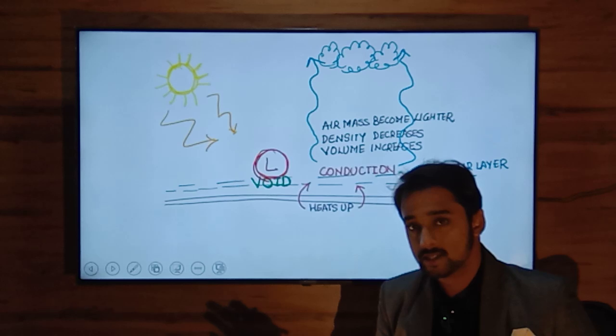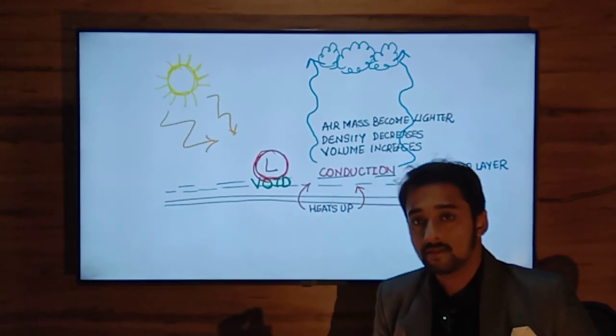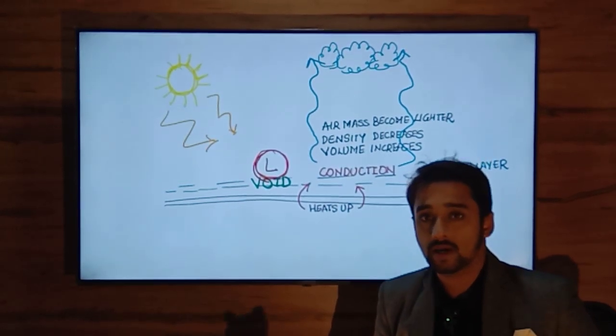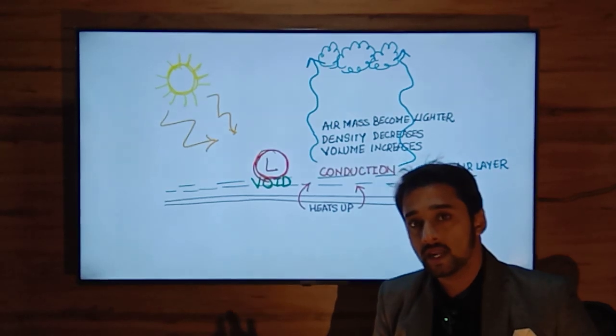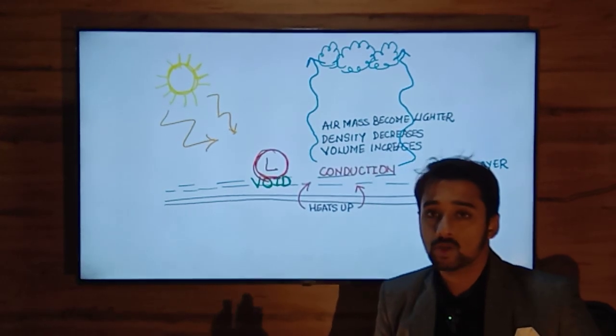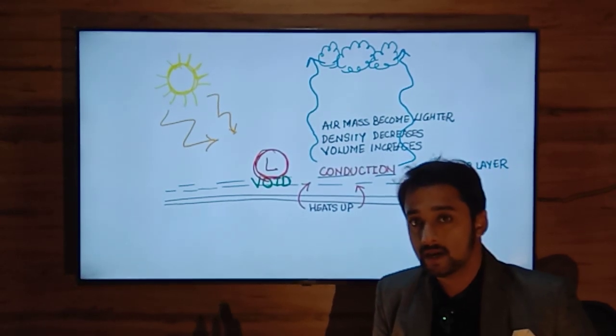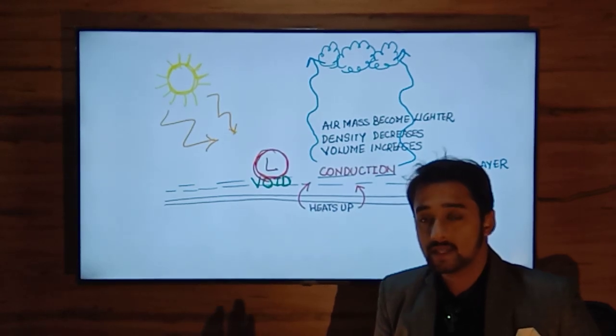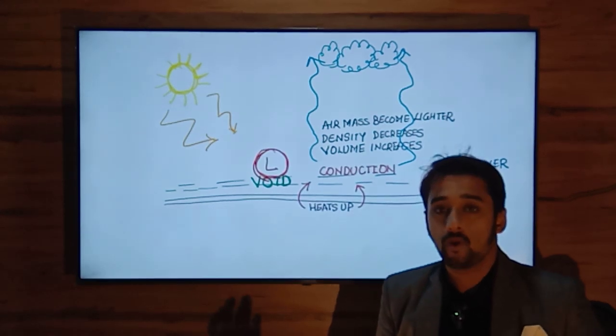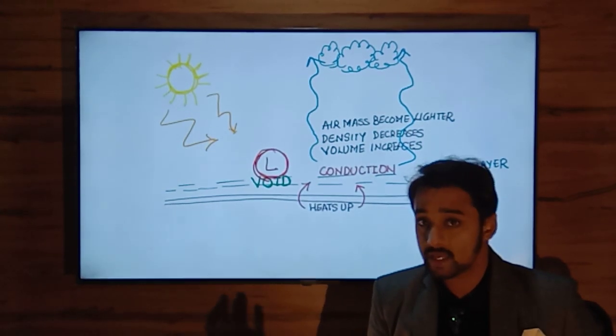So the very first simple point: insolation, which is the transfer of heat from the sun to the ground. When the ground gets heated up, the air in contact with it also gets heated up by conduction. As a result, its density will decrease and its volume will increase.